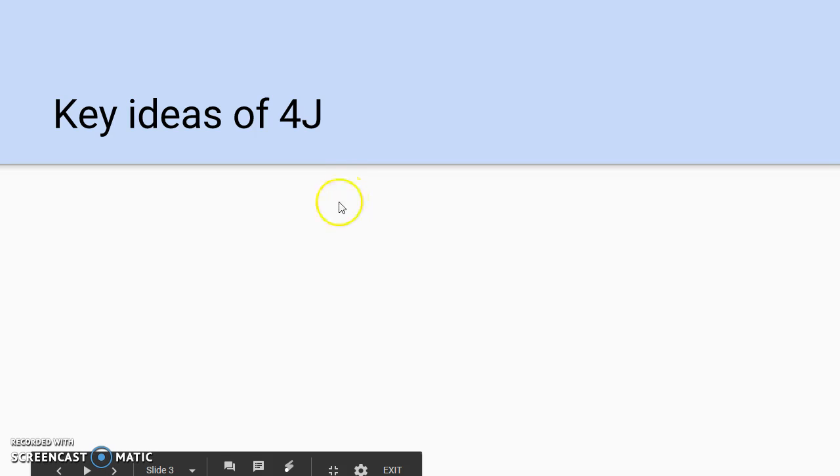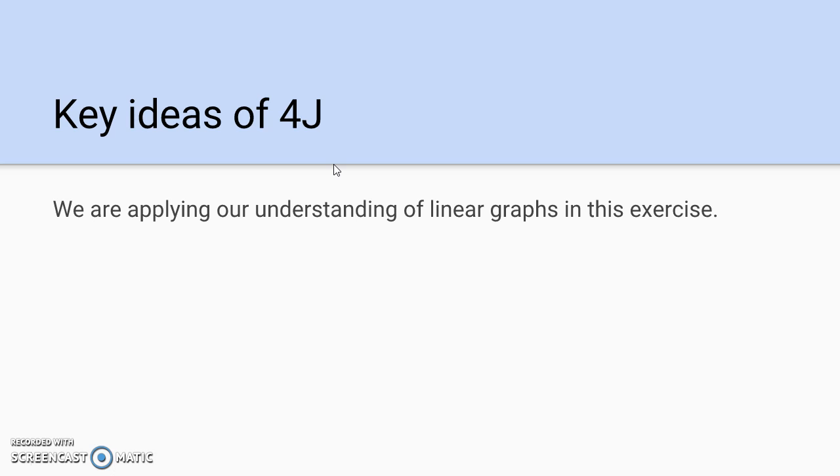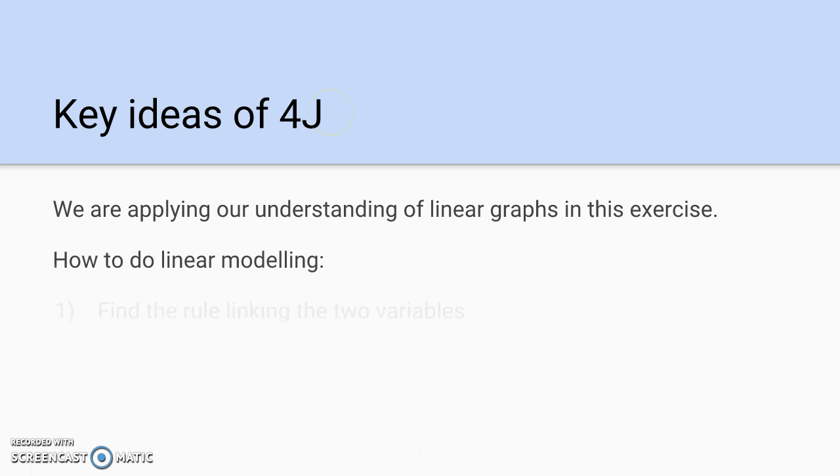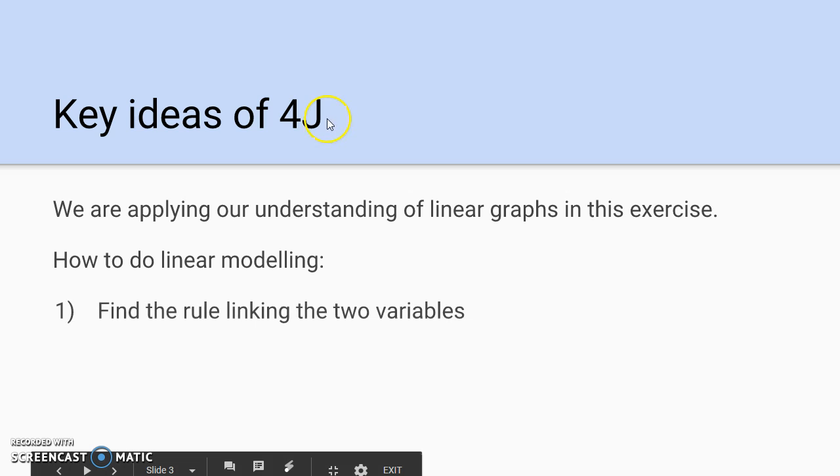These are the key ideas of 4J. We're going to apply our understanding of linear graphs in this exercise. And here are the steps for how to do linear modeling. The first step is you're going to try to find the rule linking your two variables. So remember, your variables are normally x and y.